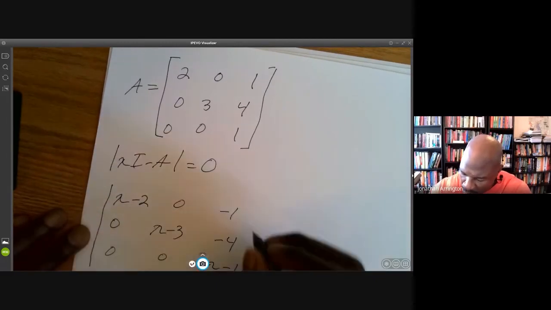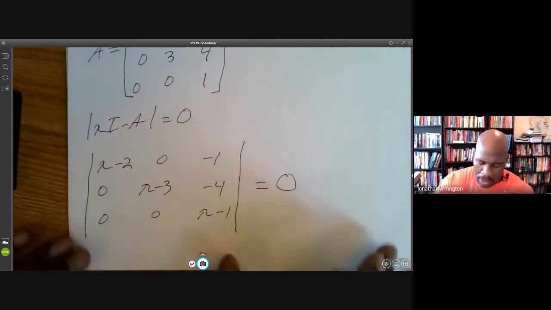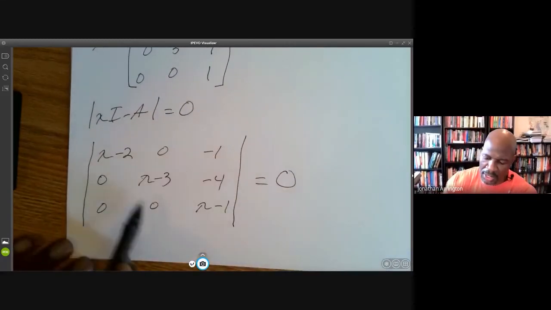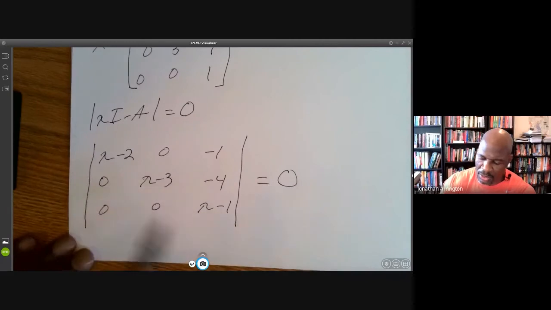We'll take the determinant of this and set it equal to 0. What you should see here is we have a triangular matrix. We have nothing but zeros below the main diagonal. When you have nothing but zeros either above or below the main diagonal, that's a triangular matrix.